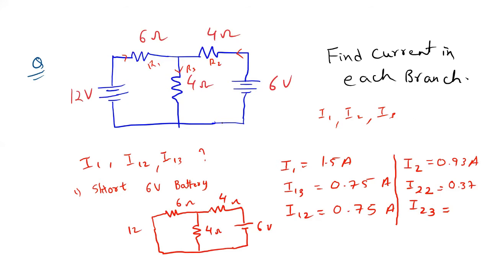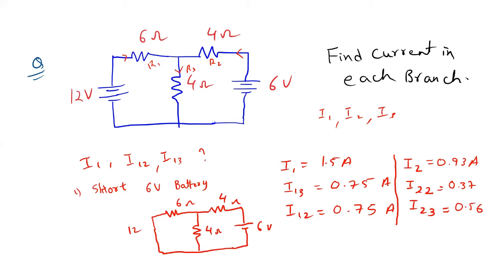Yeah, 0.55 or 0.56 also, because you have to subtract I2 minus I22. So it is like 0.93 minus 0.37, 13 minus 7 is like 6. Okay. So that will be I23.